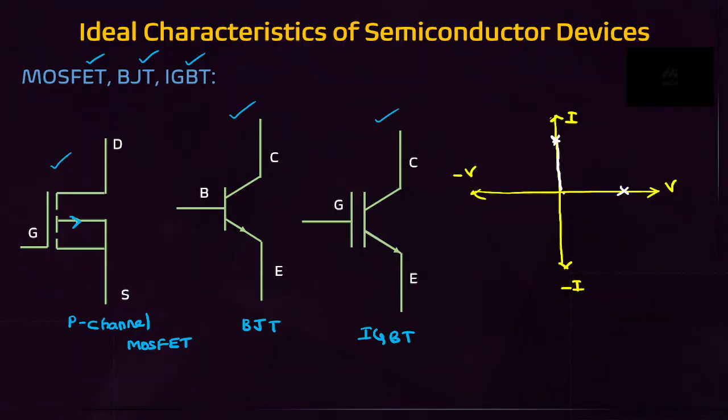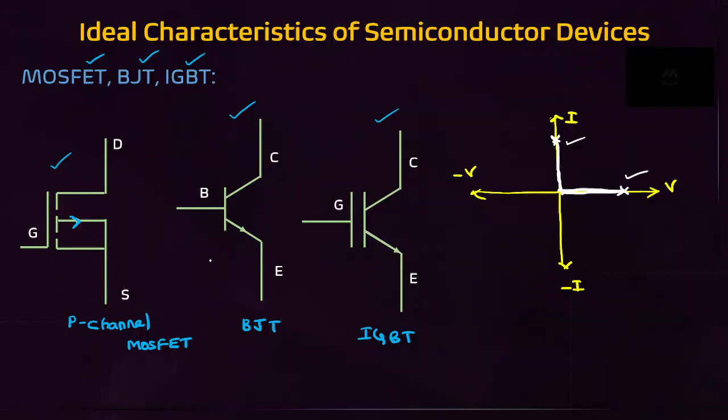Why are these designed for forward blocking? Because mainly these devices are used in inverters and choppers, where positive blocking capability is required, not reverse blocking capability. That's why they are designed for high forward voltage with negligible reverse blocking capability.